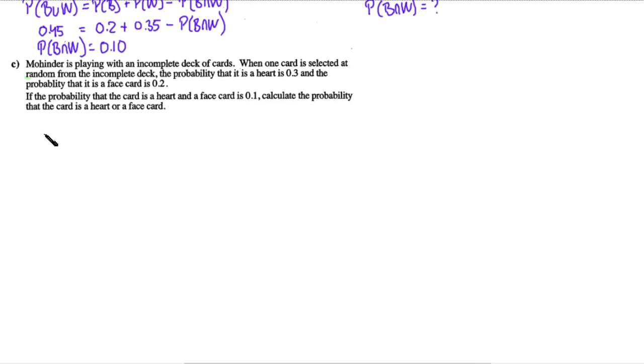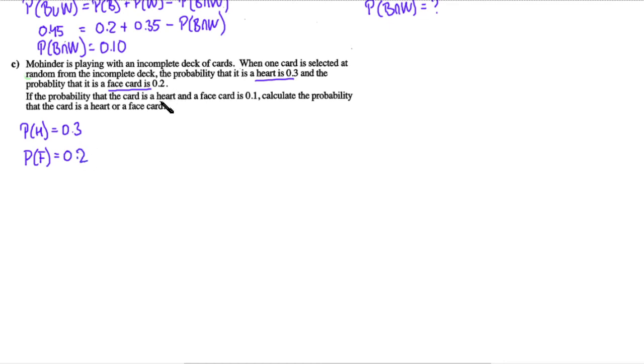So let's write down what we have and what we're looking for. So we know that the probability of selecting a heart card here is 0.3. We also know that the probability of selecting a face card is going to be 0.2.